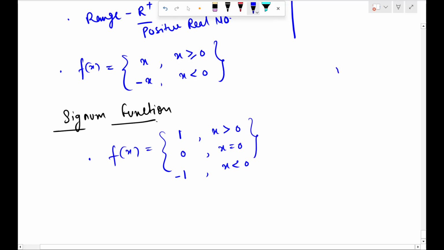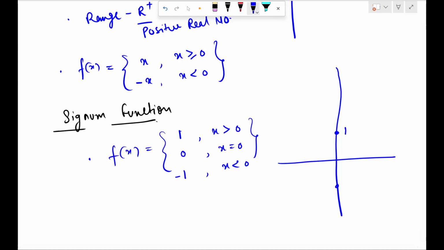So graphically we can plot this graph as f of x is 1, minus 1 and 0. So when x is greater than 0 we have f of x is 1.